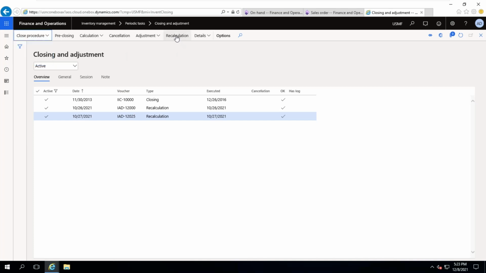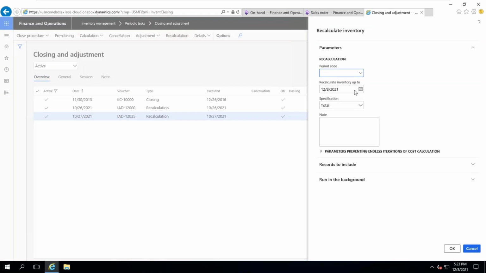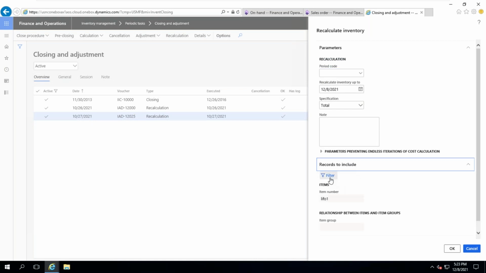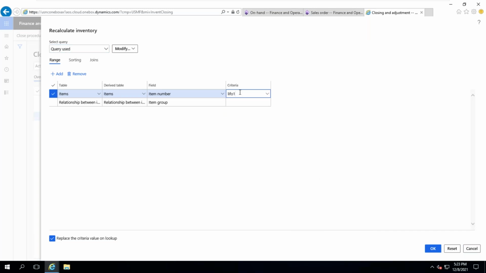Let me do it from recalculation. So as on today, I'm doing the calculation. I want one item only, FIFO 3. Actually, you will not select anything. It will be removed, and you need to execute for all items, to be frank.